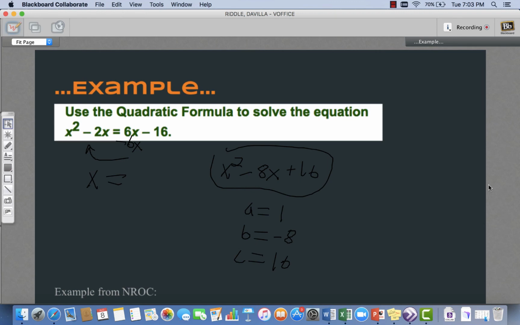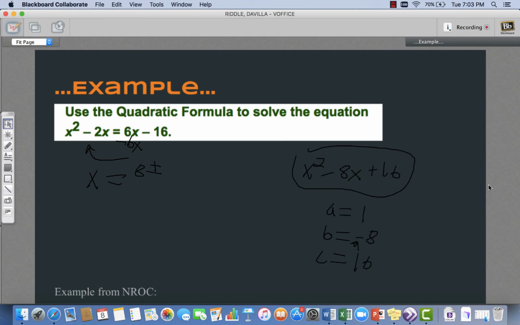With the quadratic formula, you'll see that you have the negative B. Because there's a double negative, it would be positive 8 plus or minus the square root of B squared, negative 8 times negative 8 would be 64, minus 4AC, 4 times 1 times 16, all over 2 times A, which is just 1.